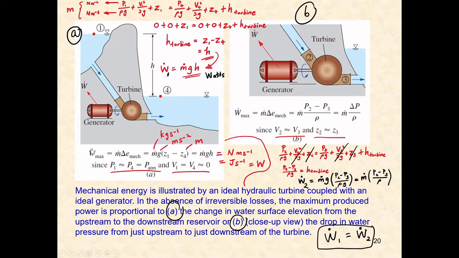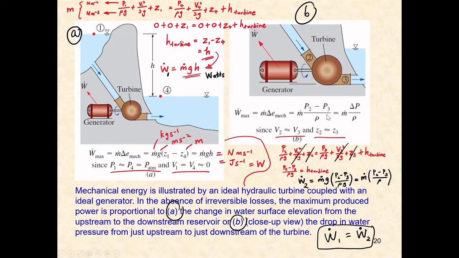So if you look at this equation, the power W dot max equals mass flow rate multiplied by gravity multiplied by the elevation difference Z1 minus Z4, which is m dot, mass flow rate, multiplied by gravity multiplied by elevation H. Then you get Newton meter, which is joule, then you multiply with per second, and you get watt. So you know that P1 equals P4 because of atmospheric pressure, and V1 equals V4 equals 0 because they are almost not moving at the surface.